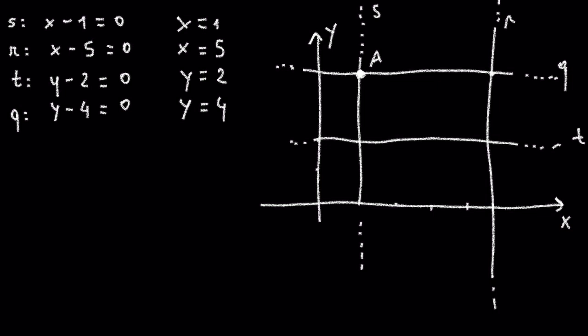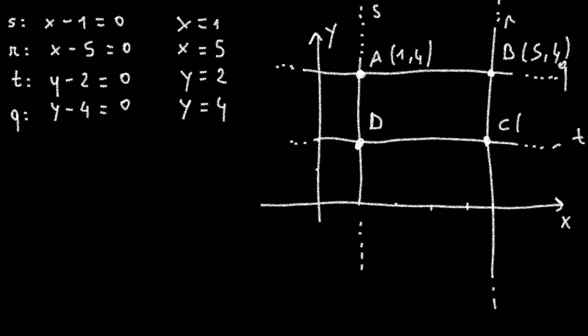Now let's assume that this is A, this is B, C, and D. Now A has coordinates 1, 4. B has coordinates 5, 4.